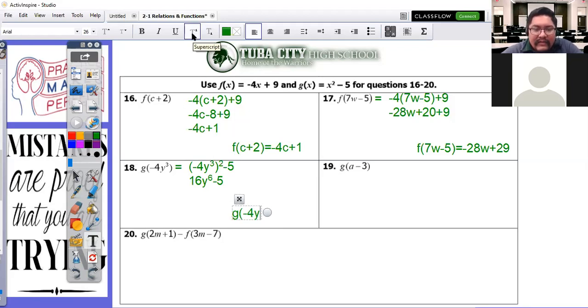So I think we're done with this. If I plug in this for g, I should get 16y to the 6 minus 5.